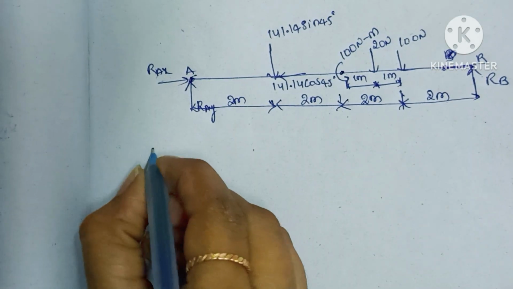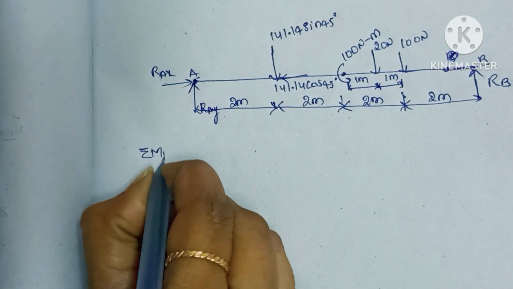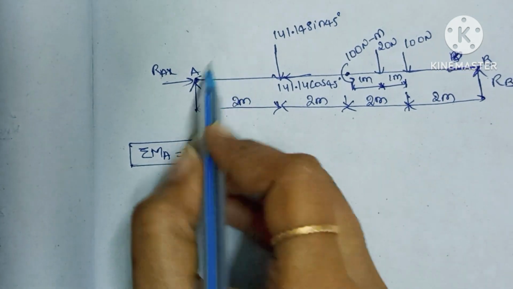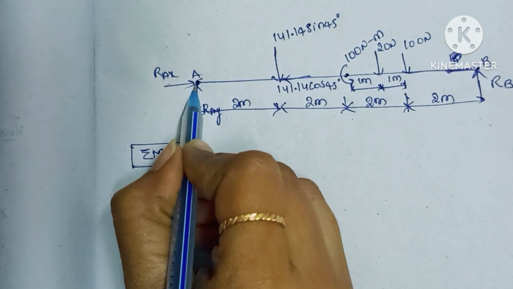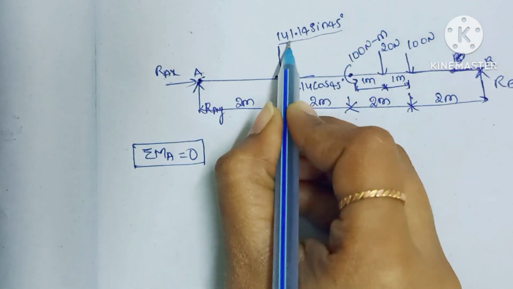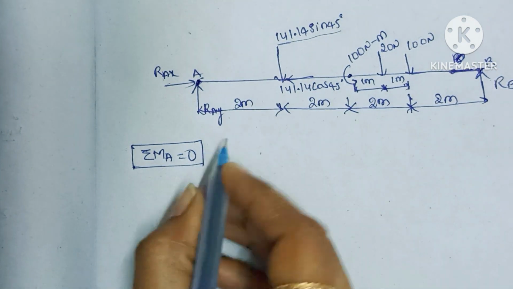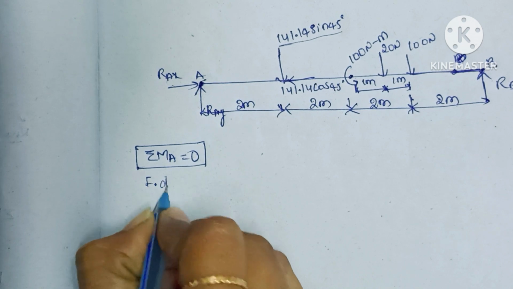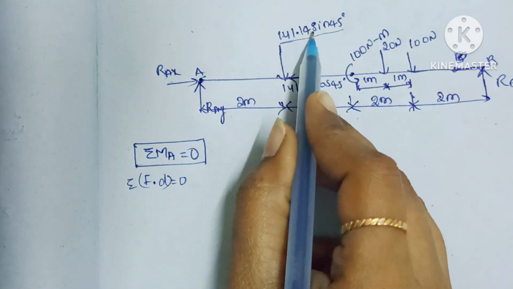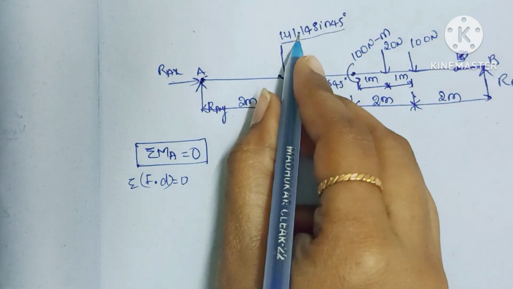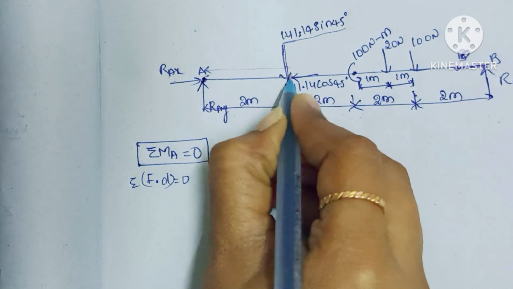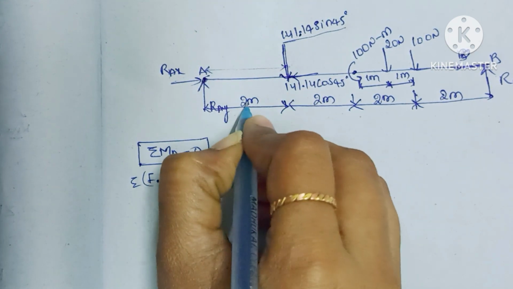So here I am writing sigma moment about A equal to 0. From here, the moment of RAX and RAY at this point is 0. Now I am taking the 141.14 sine 45 force. Moment is nothing but force into perpendicular distance. Here the force is 141.14 sine 45 into the perpendicular distance from here to here, which is 2.